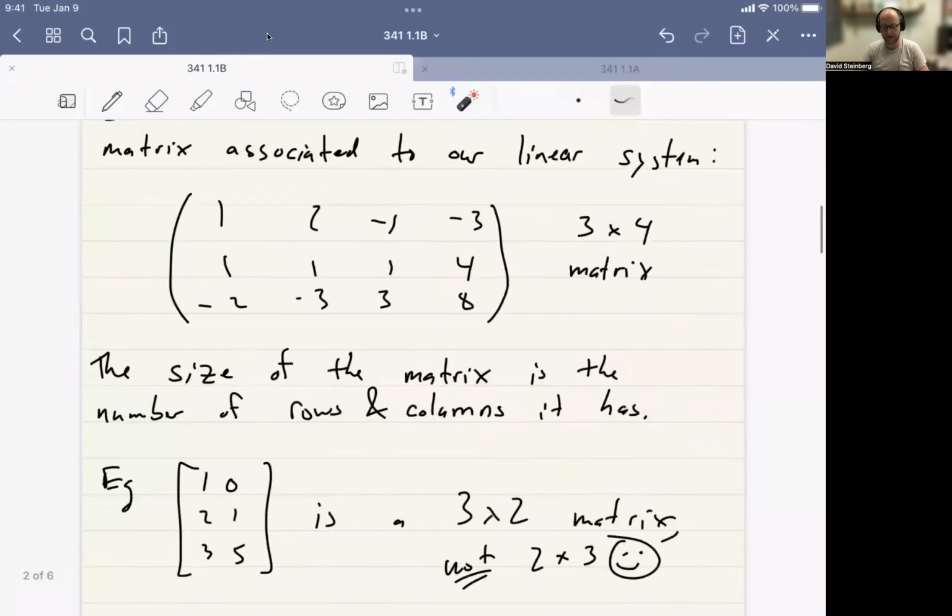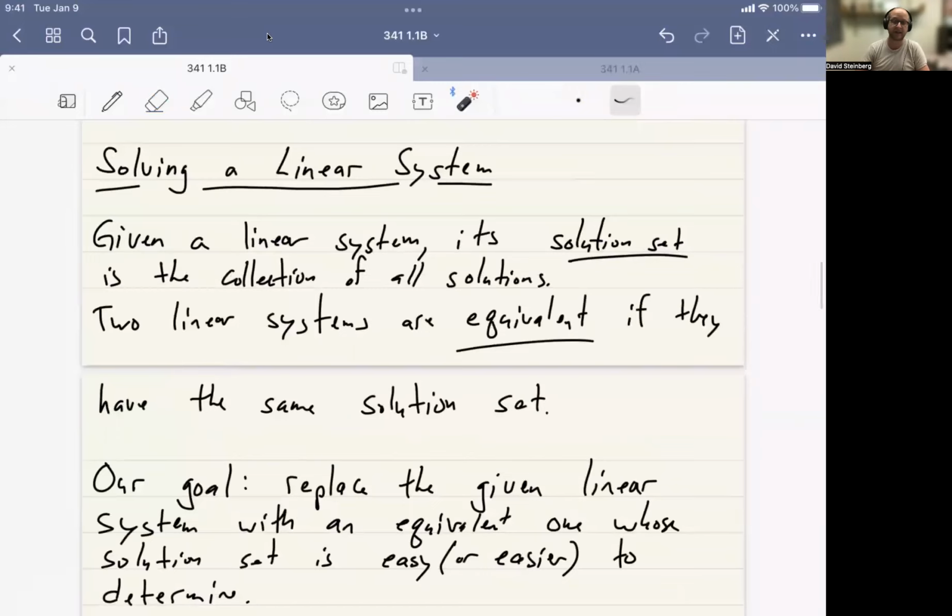If we collect them all together, that's just the solution set for our linear system. We say that 2 linear systems are equivalent if they have the same solution set. And so anytime we're trying to solve a linear system, our goal is to replace the given linear system with one that's equivalent, whose solution set is easier, at least easier to determine.